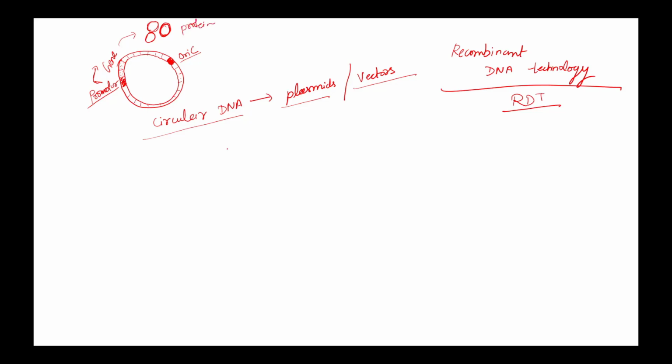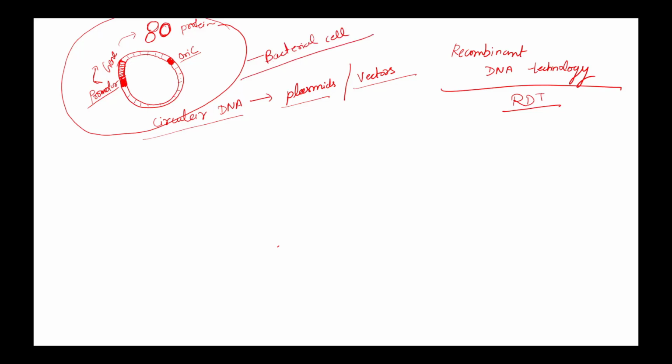Suppose I am going to put this particular vector in a bacterial cell. I clone or insert a certain gene inside it, which will be produced inside the bacteria. So this entire system takes place inside this bacterial cell.